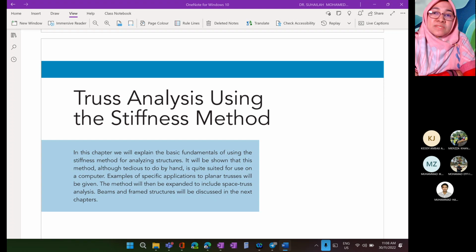Displacement is the objective. Displacement is the goal. So we will determine unknown displacement using the stiffness method, and after that, we will substitute the unknown displacement into the force displacement equation. Then we will continue to calculate unknown reaction.